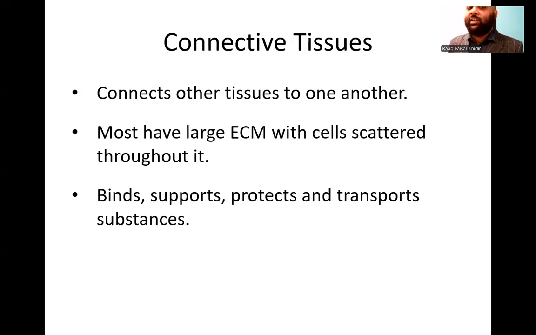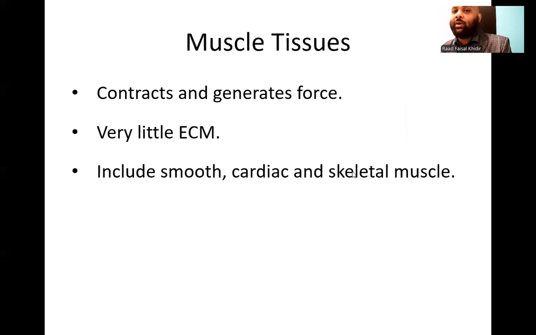This is the ocean that surrounds the island. The island is your tissue, your cells, but the extracellular matrix is the ocean that surrounds them from the outside. Connective tissues have a large extracellular matrix. They bind and support and protect, and they transport substances among the tissues.